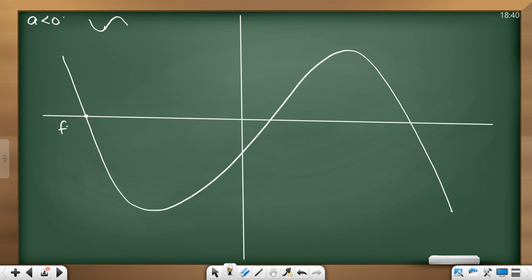What is this point? F of x equals what? 0. X equals 0. What is that point?